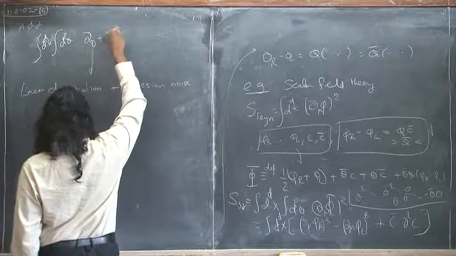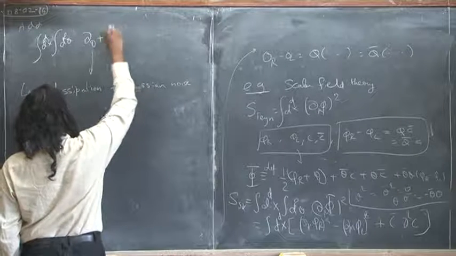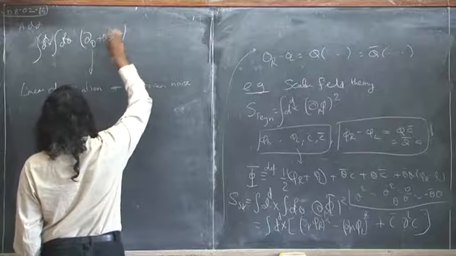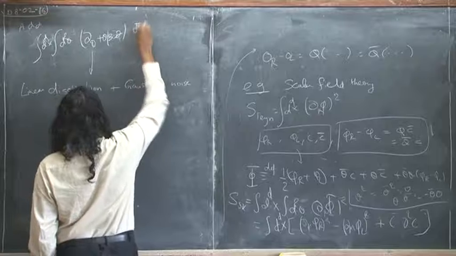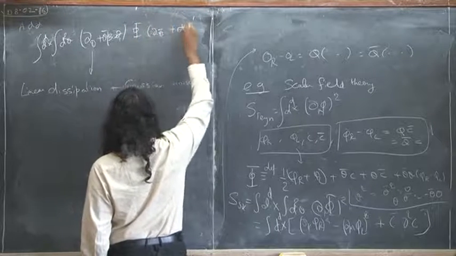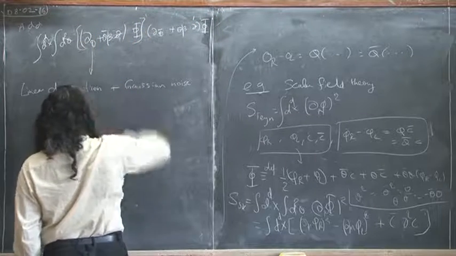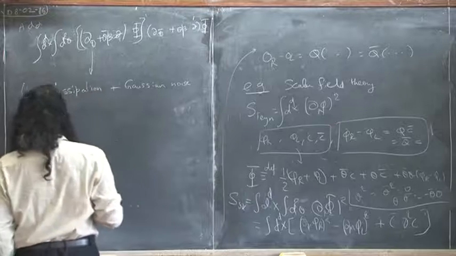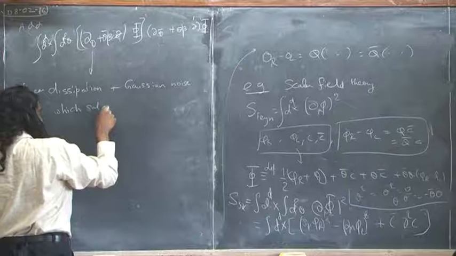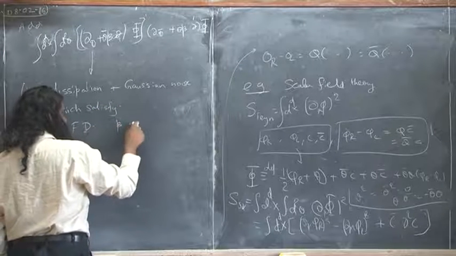So if you have something like this, let's say some vector times, then you can show that this gives you linear dissipation plus Gaussian noise, which happens by fluctuation dissipation with beta as the inverse temperature.